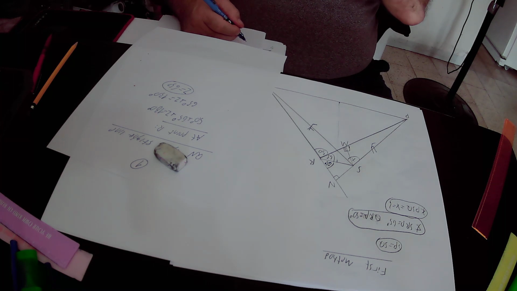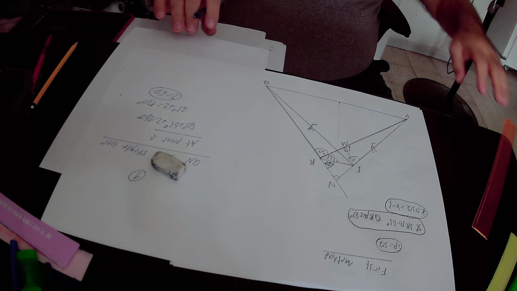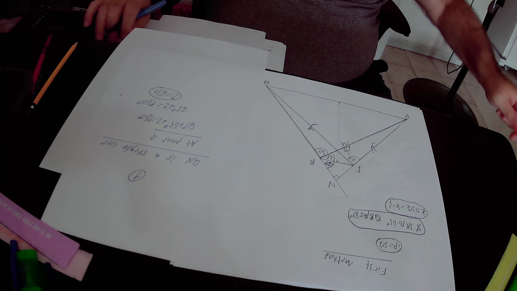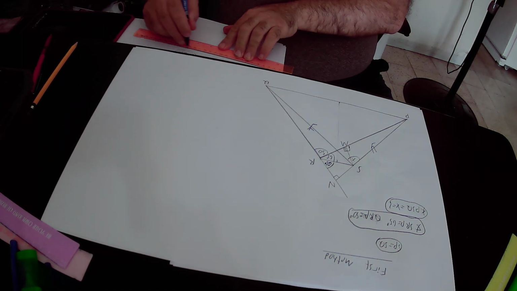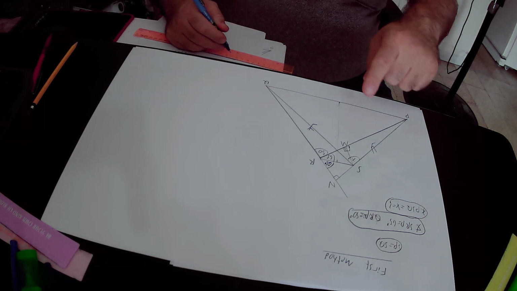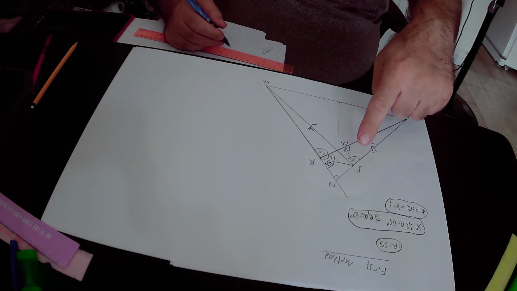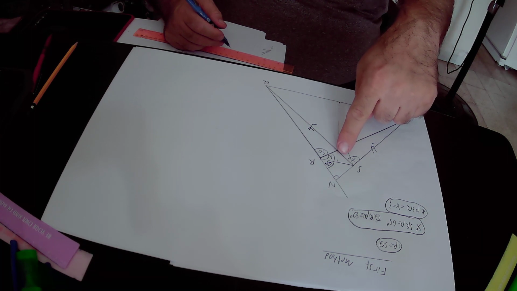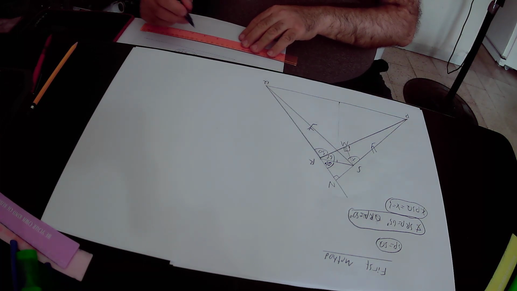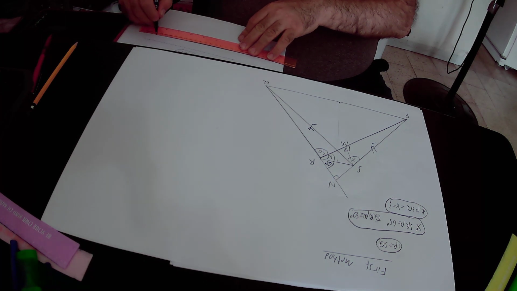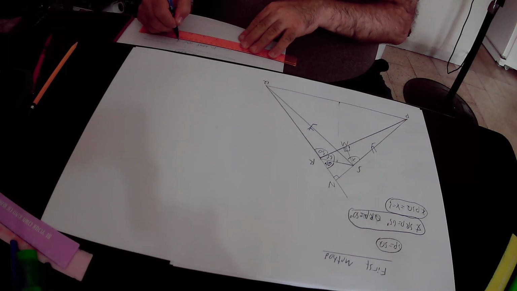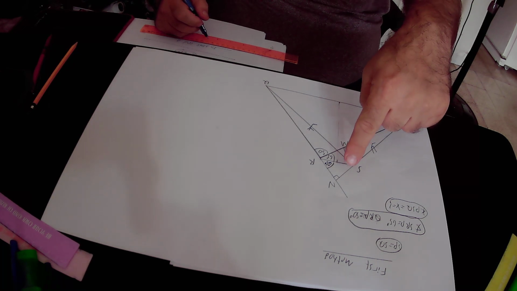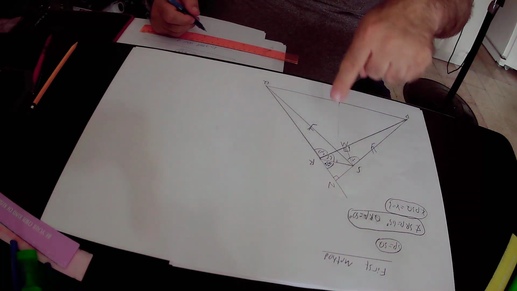Okay, so in the next step we will focus on the right triangles, the small right triangle SMR, and the other small right triangle SNR.